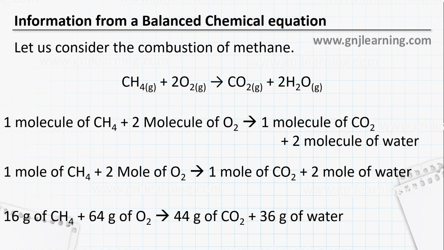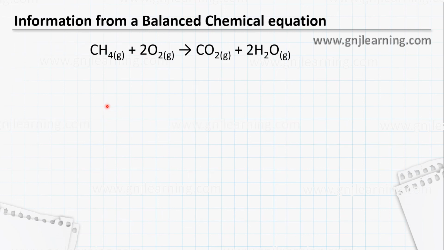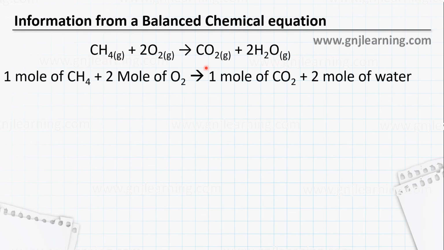Okay, let's take this into the next level. So we have the balanced equation, and from this balanced equation we now know that 1 mole of methane and 2 mole of oxygen from this coefficient. This is a stoichiometric equation and this is called stoichiometric coefficient.